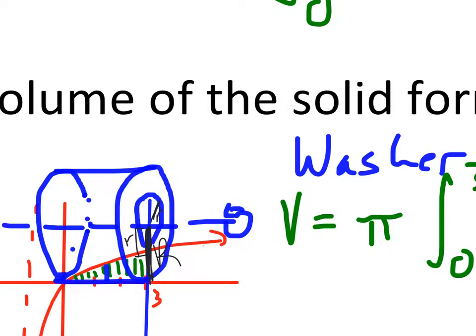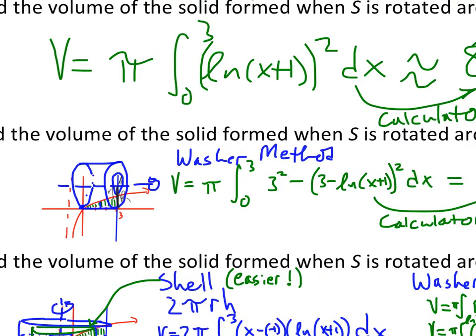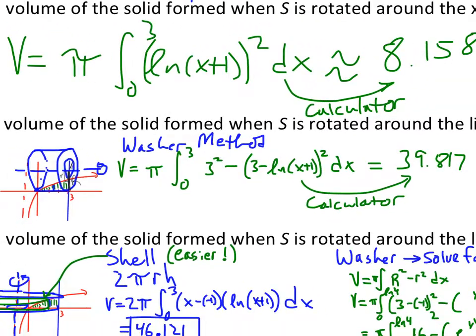Okay, that's little r. So big R is always going to be 3 because it's the distance between this line and the horizontal axis. Little r in this case is going to be 3 minus the function. That's the distance between 3 and the function. And that's where we're getting this. Okay, so we have big R squared minus little r squared. And we use our calculator.